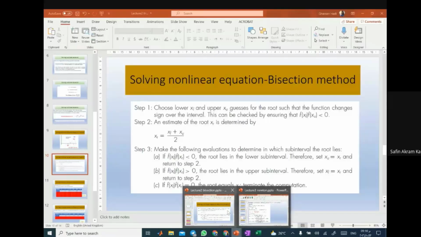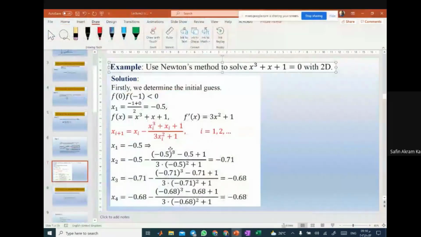Now let's read back. Now look here. What did he do here? He took 0.5 as x0, or x1.